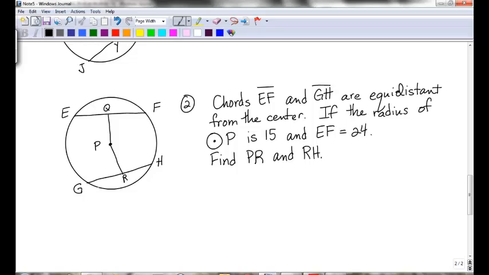Chords EF and GH are equidistant from the center. So what's that telling you? Those are the same.